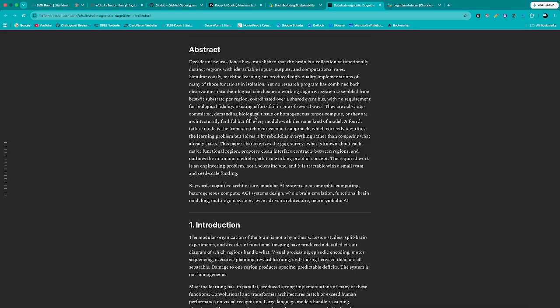Existing efforts fail in one of several ways. They're substrate committed, demanding biological tissue or homogeneous tensor compute, where they are architecturally faithful but fill every module with the same kind of model. A fourth failure mode is the from-scratch neurosymbolic approach, which correctly identifies the learning problem but solves it by rebuilding everything rather than composing what already exists.